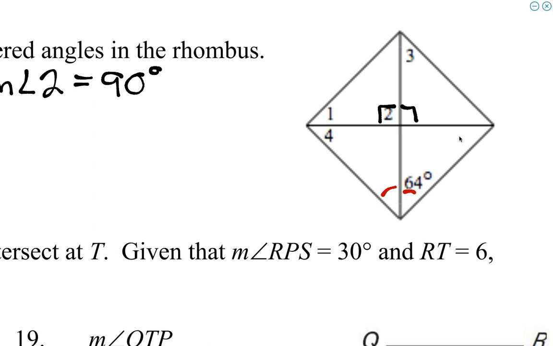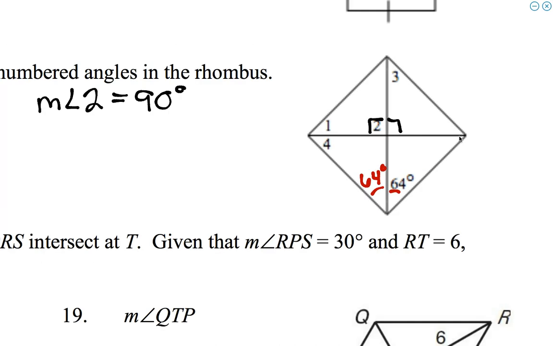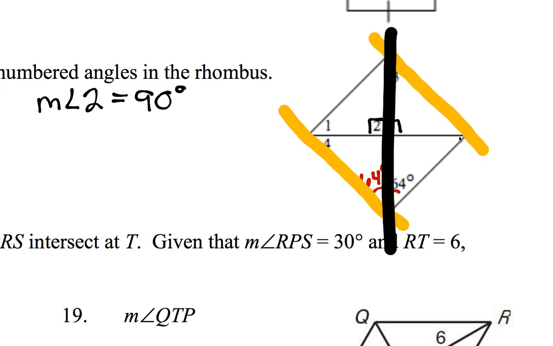So this is also 64. Also, it's a parallelogram. So those are alternate interior angles. So the measure of angle 3 is also 64 degrees.